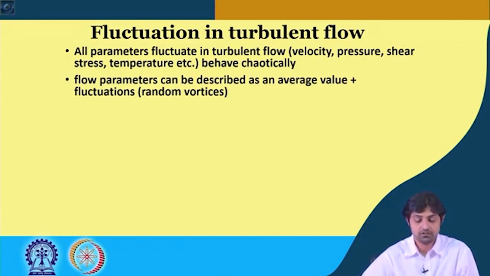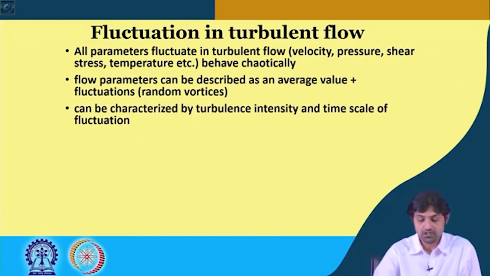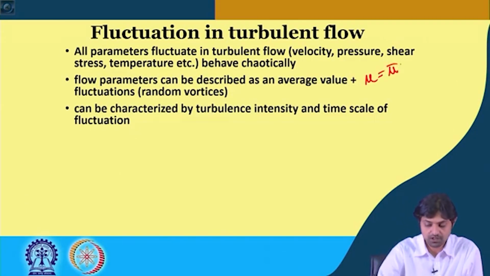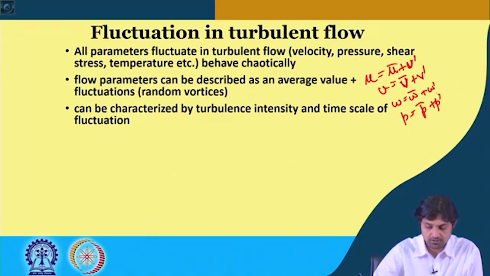This we have already seen many times: u can be written as u bar plus u prime, v as v bar plus v prime, w as w bar plus w prime, and the same with pressure. This is the average component, the things with the bar, and this is the fluctuating component.